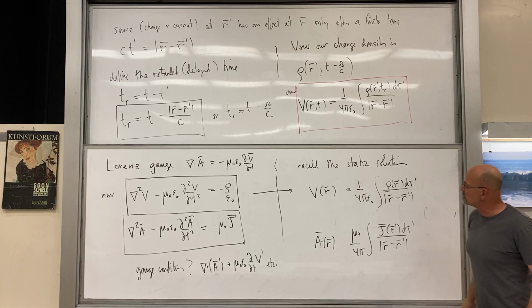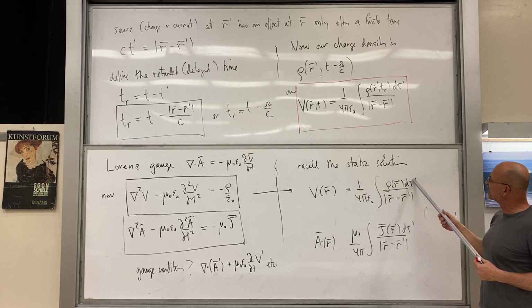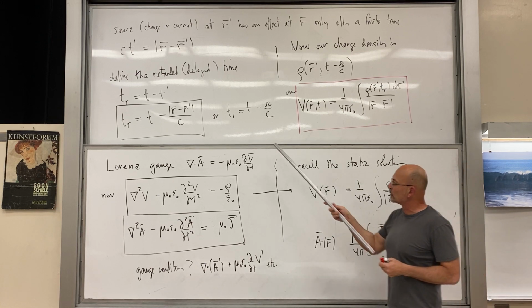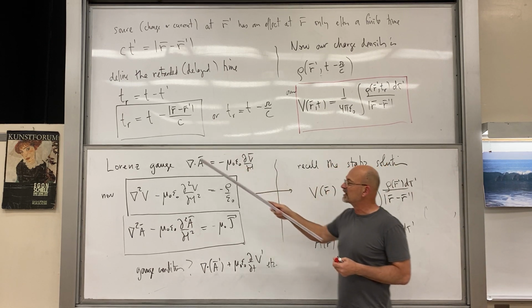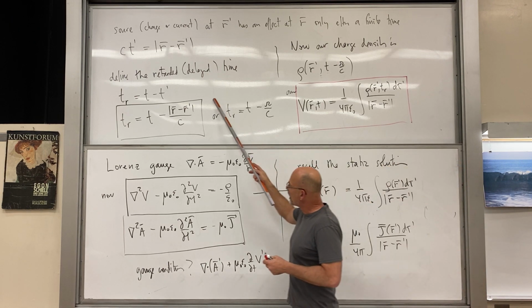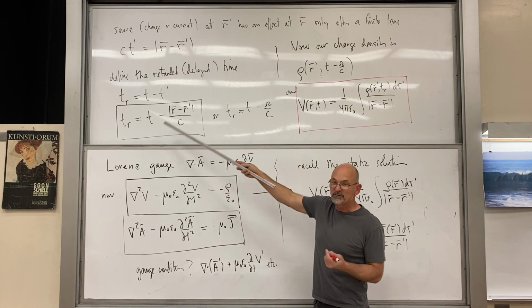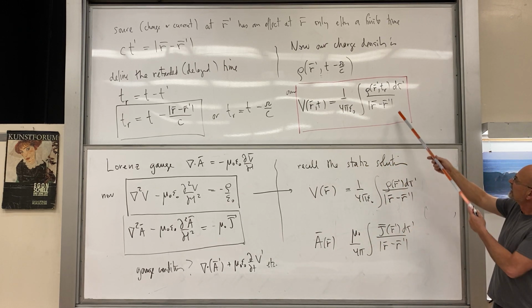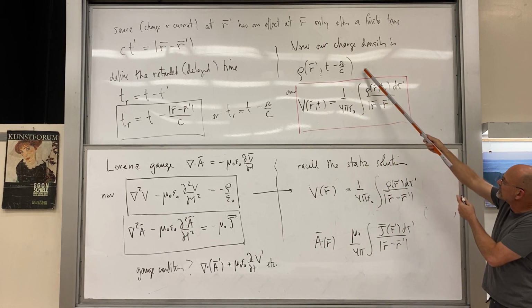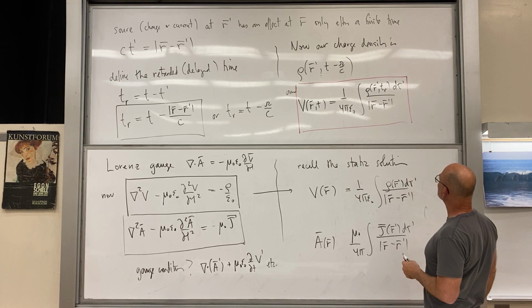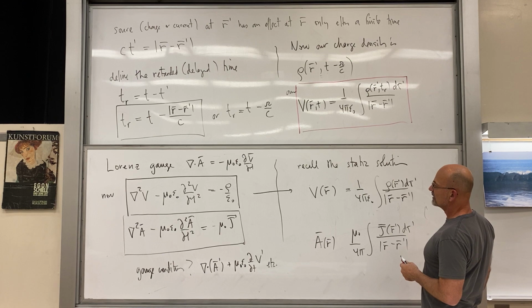This is just a generalization of the static solution, and I didn't actually give that much of an argument for why it would be true. It really has to be demonstrated. This is just a fact about the propagation of electromagnetic influence, okay? But that this actually is our solution remains to be shown. It is required to be shown.